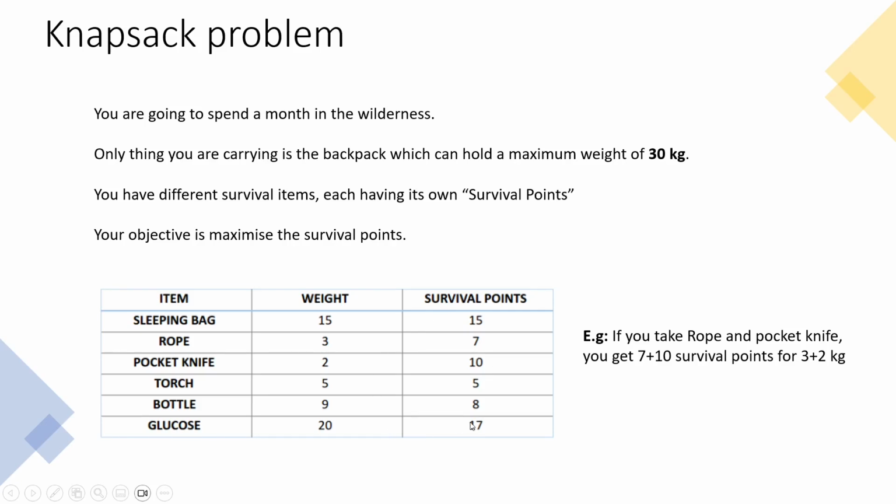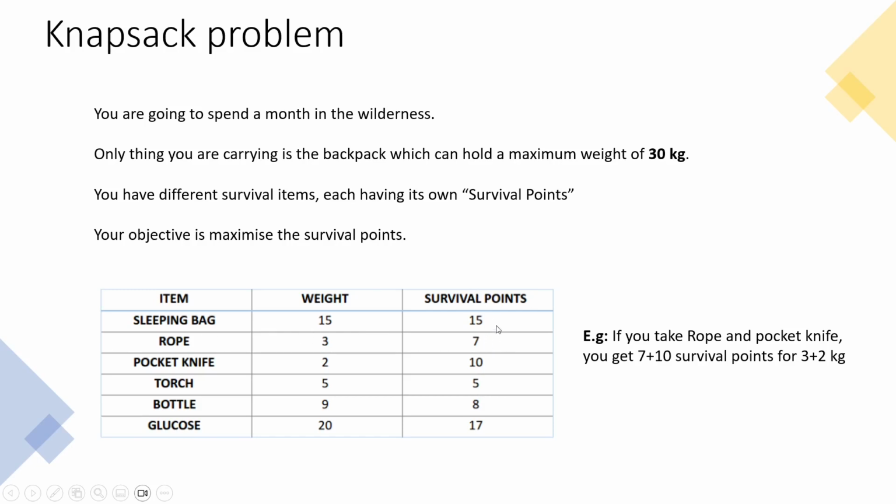For example, if you take rope and pocket knife, you have 5 kilograms of weight and 17 points of survival. If you add a torch to that, you will have additional survival points of 5, but an additional weight of 5 kilograms. But if you add a bottle, it's going to be an additional 9 kilograms with 8 survival points.